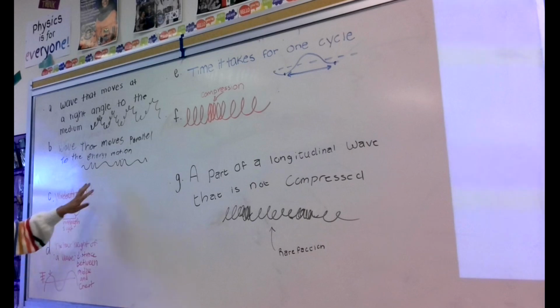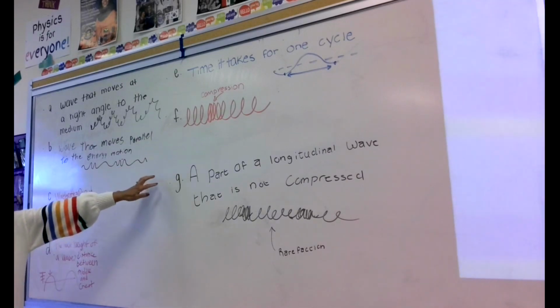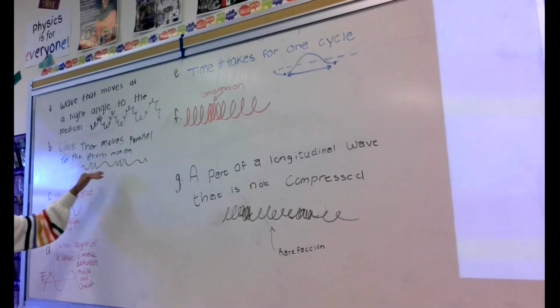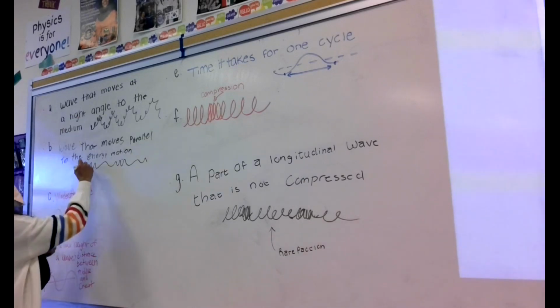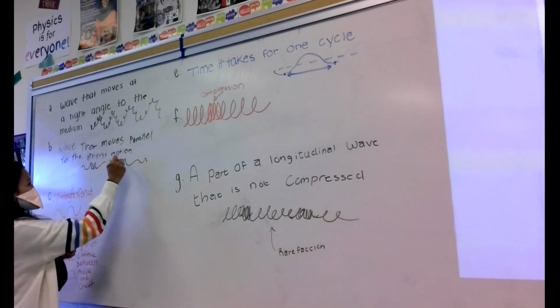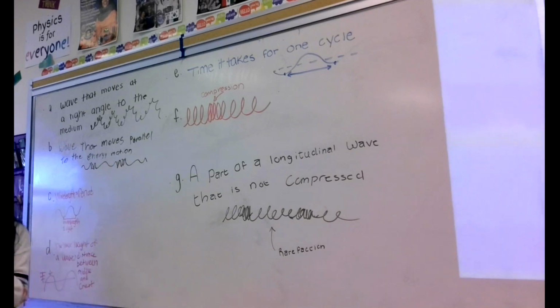Now, a longitudinal wave has parallel motion, meaning the particles are going to move parallel to the energy of the wave, or the motion or speed of the wave. And it looks a little bit more like this. No ups and downs, but just compressions and then spread out portions, rarefactions, which is our other vocabulary.